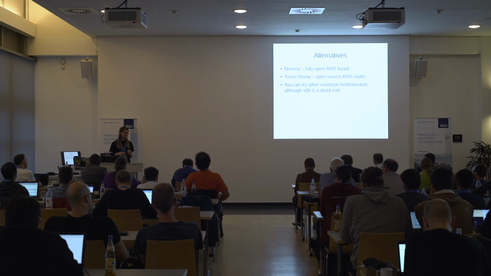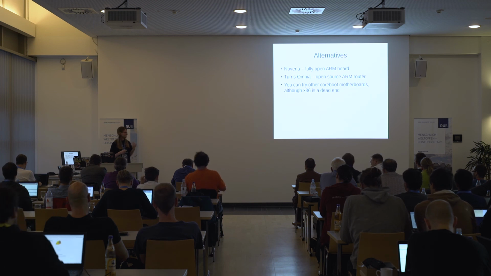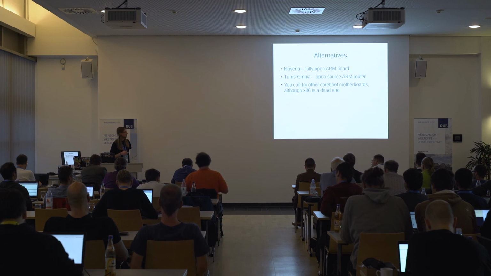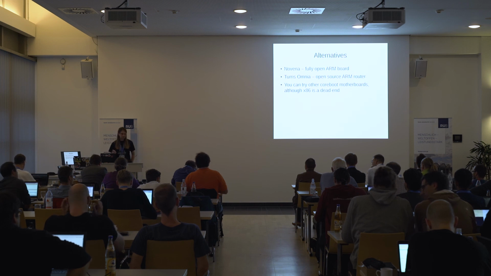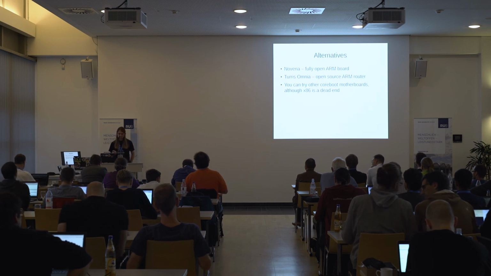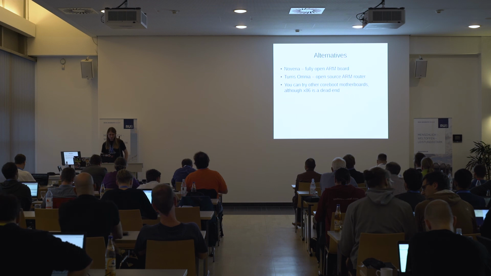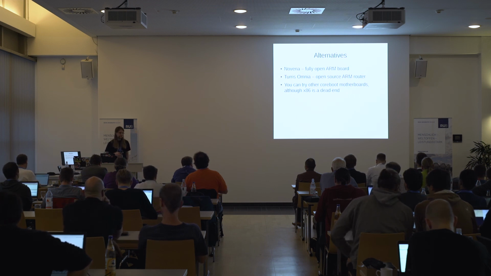They have OpenWRT on it, installed by the vendor. It seems to be also quite nice. And other coreboot motherboards, well, as we know with ME, BSD, x86 is quite a dead end. So I don't like that route.